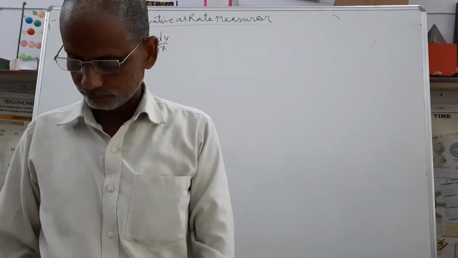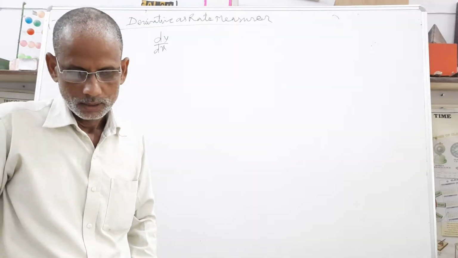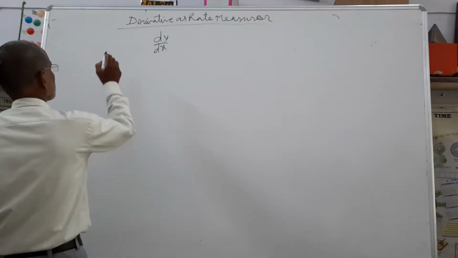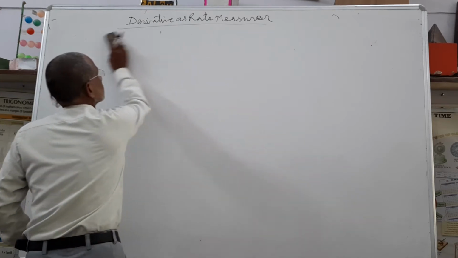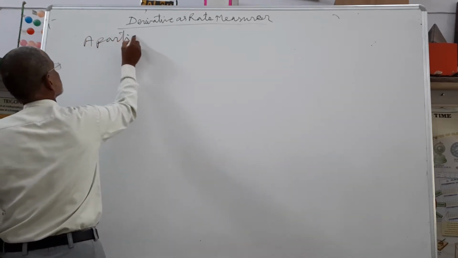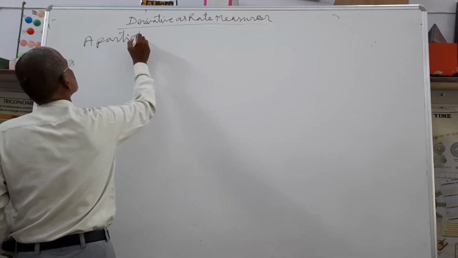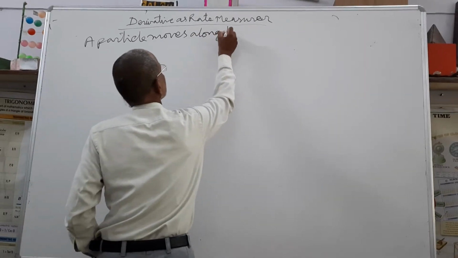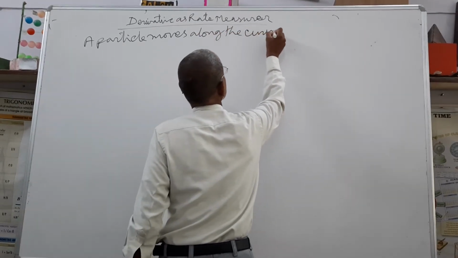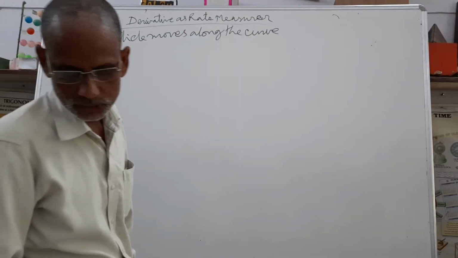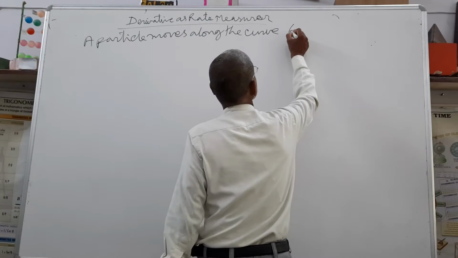Now take some example. A particle moves along the curve 6y is equal to x cube plus 2.